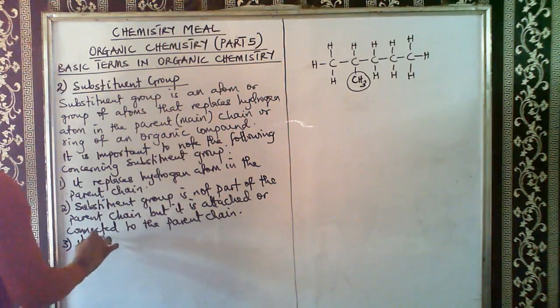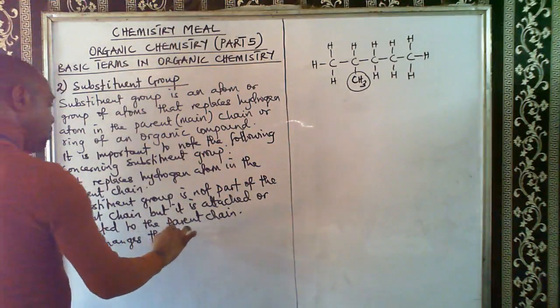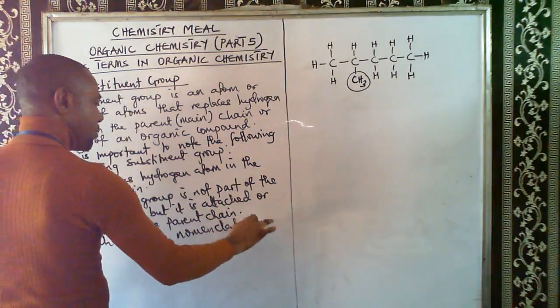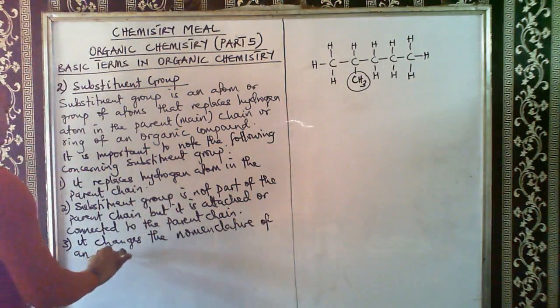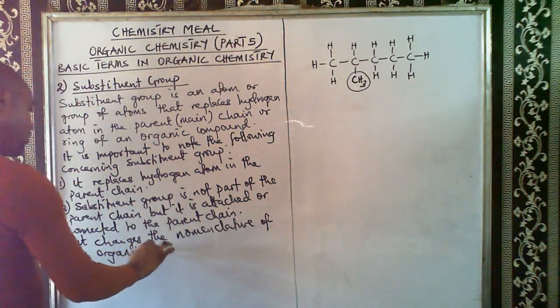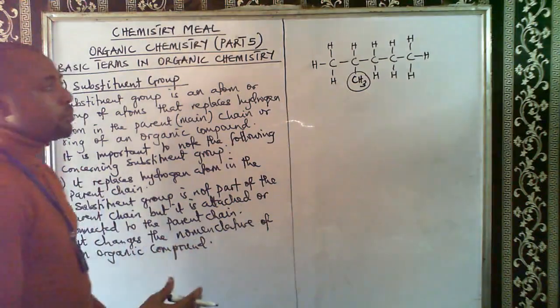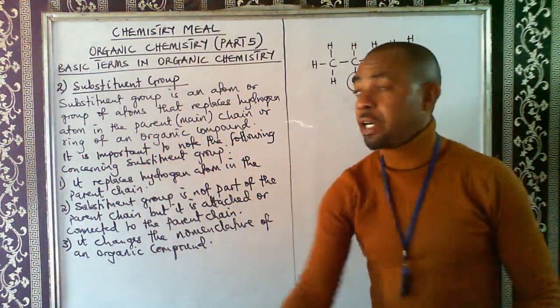So number 3 that we need to note is this. It changes the nomenclature of an organic compound. So the presence of a substituent group will change the name of an organic compound.